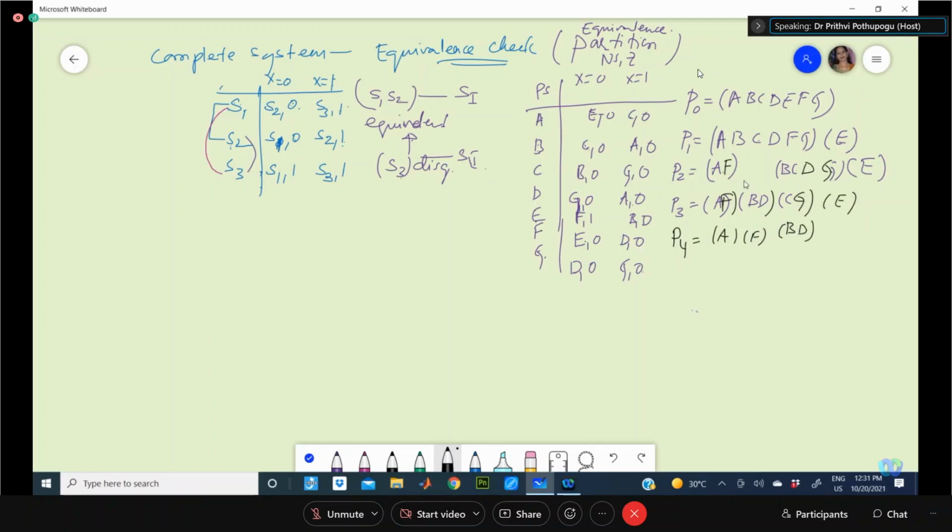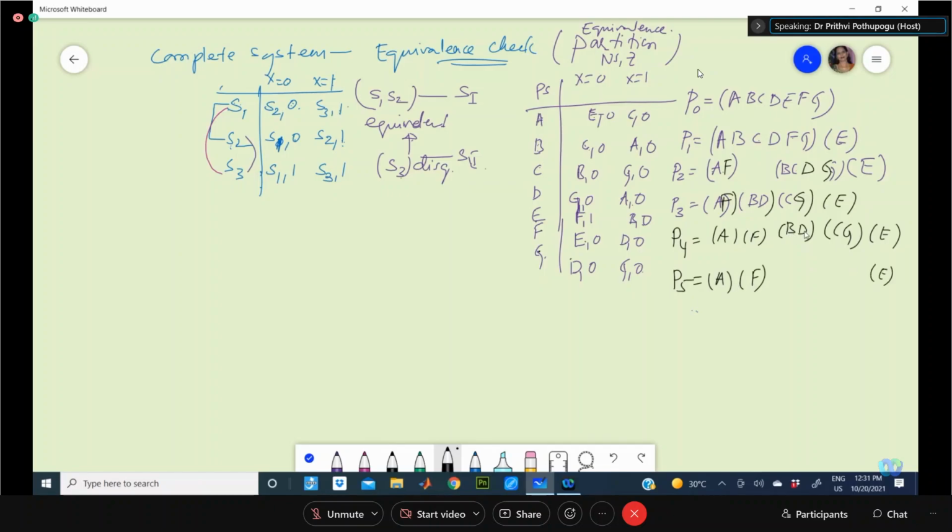Next, CG. C and G goes to BD. BD is equivalent. G is self. Okay. Next step, A further is not possible. E is also not possible.